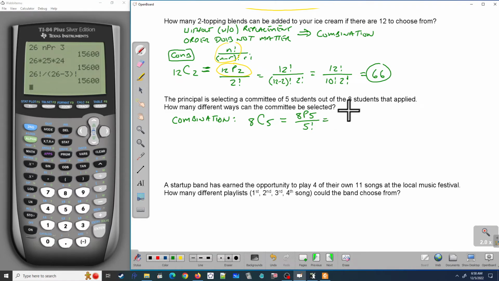And that would mean you're taking 8 factorial over 8 minus 5 factorial, 5 factorial, and 8 factorial over 3 factorial, 5 factorial.